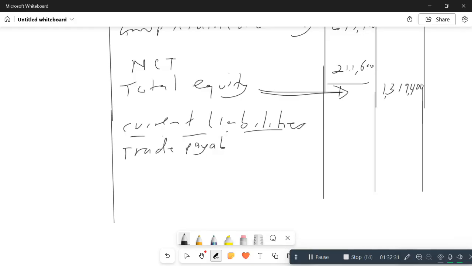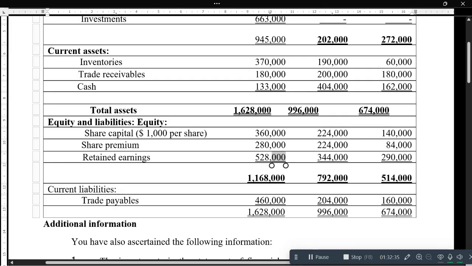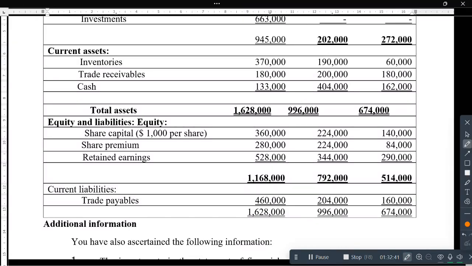Under trade payables, we have down here, we are taking this one, 460 for parent and 204 for subsidiary. You just add them. We are consolidating by adding these figures together for parent and subsidiary.